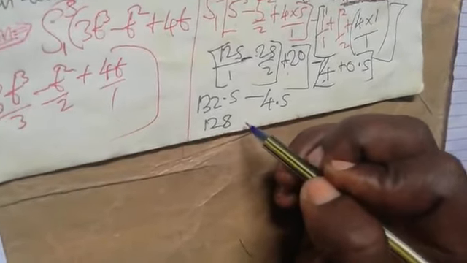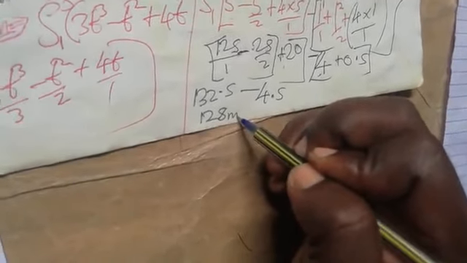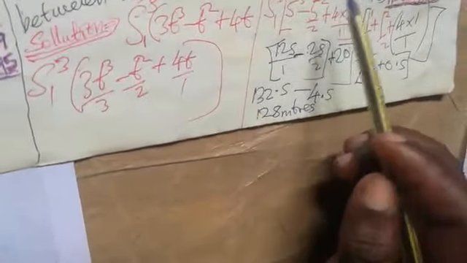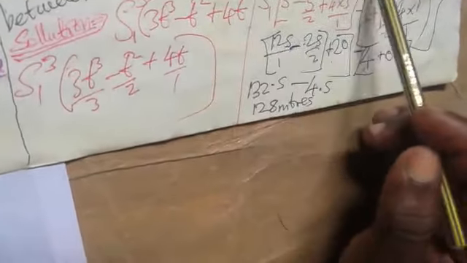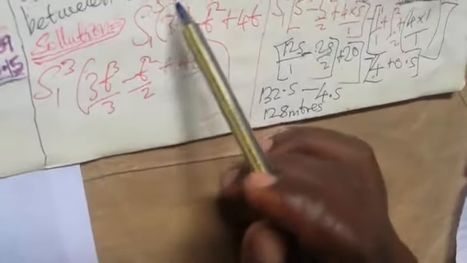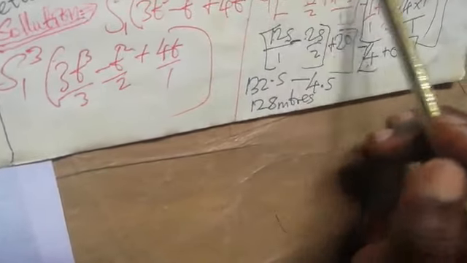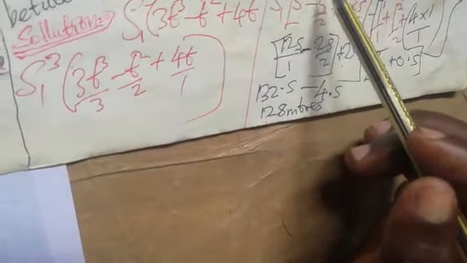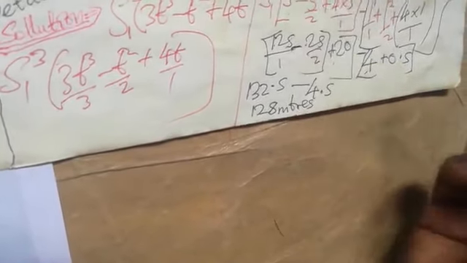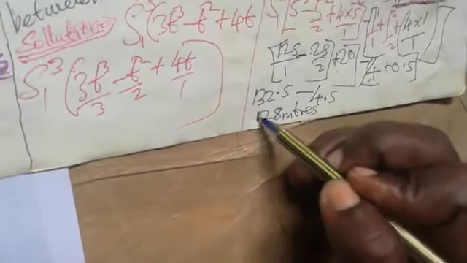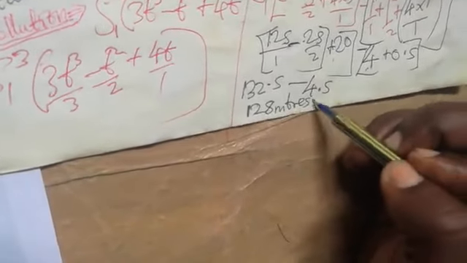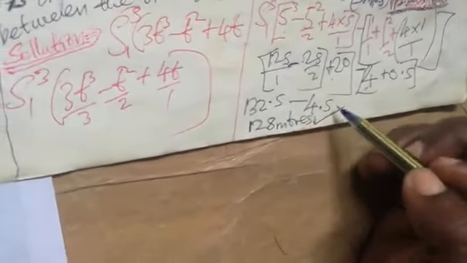And this is meters, 128 meters, because we calculate the distance traveled by the particle between time t equals 1 and t equals 5 seconds. Now the distance is 128 meters, and this is the final answer.